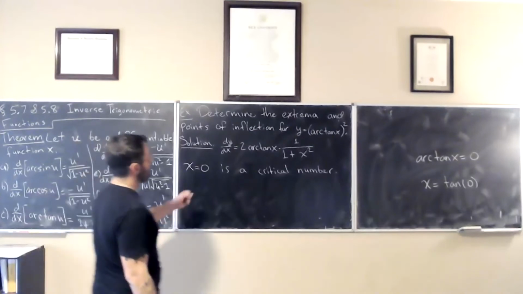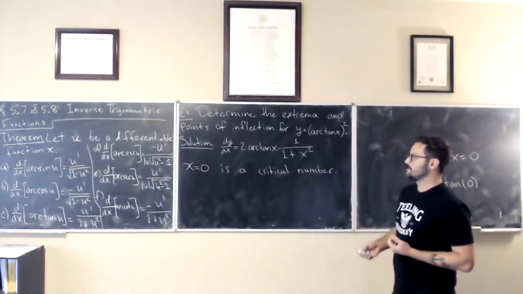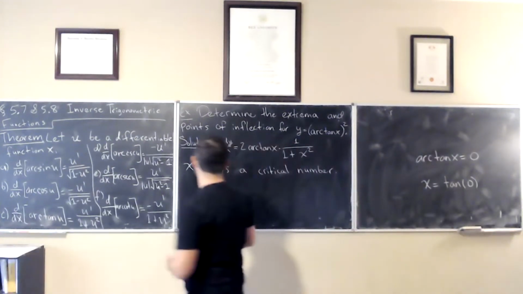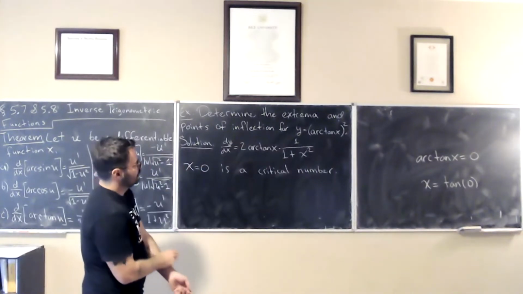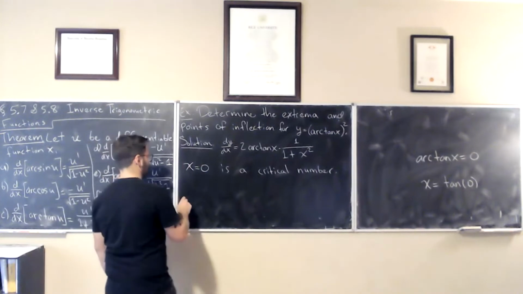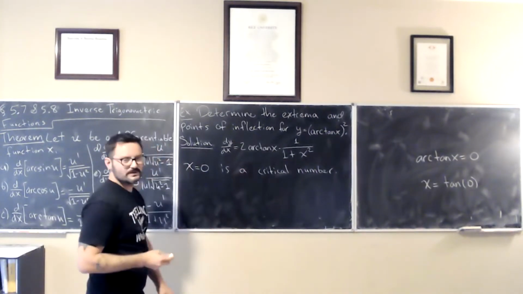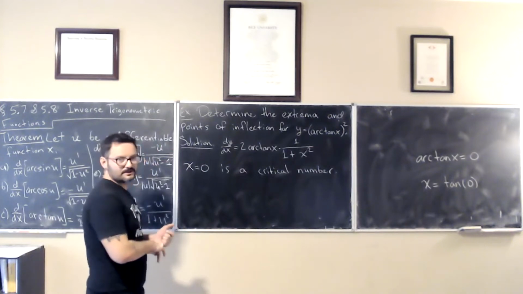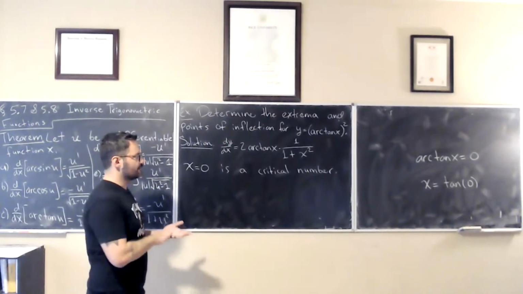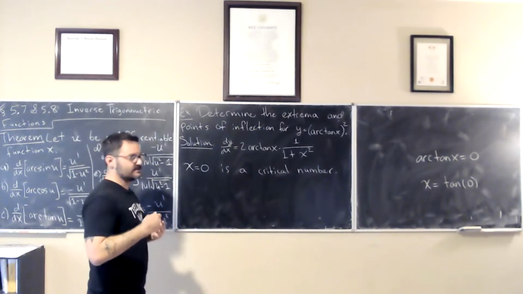Okay, so now, is this going to be a relative minimum or relative maximum for the original function? I'll leave that as something you can try to figure out on your own. I'm really concerned because many of you didn't take Cal 1 with me. I emphasize these critical numbers, the first derivative test, these things a lot.